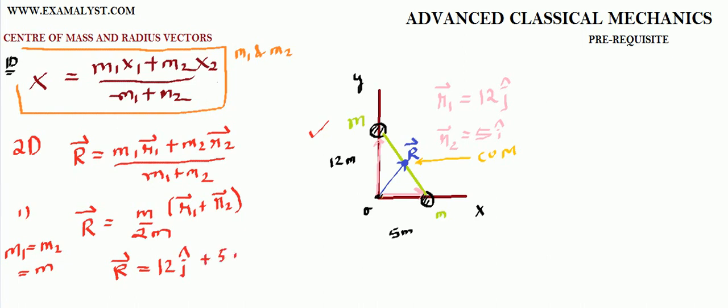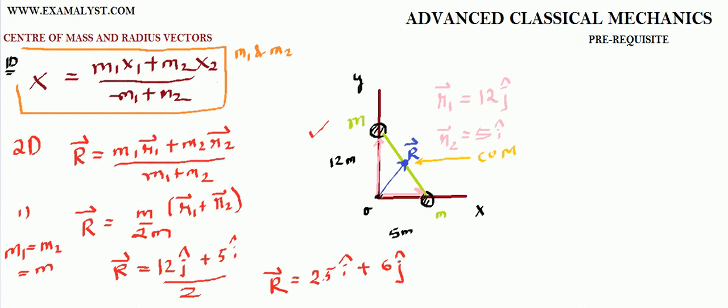R2 is 5i, divided by 2. So the radius vector is 2.5i plus 6j.